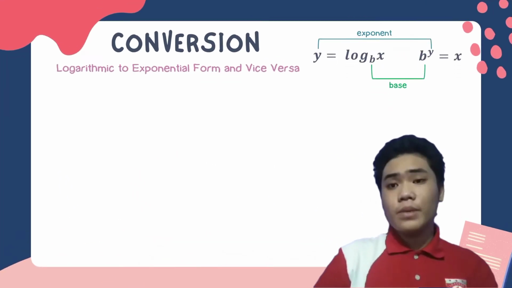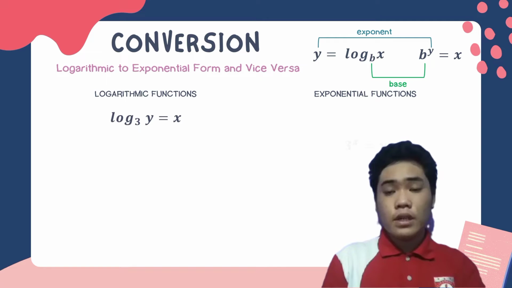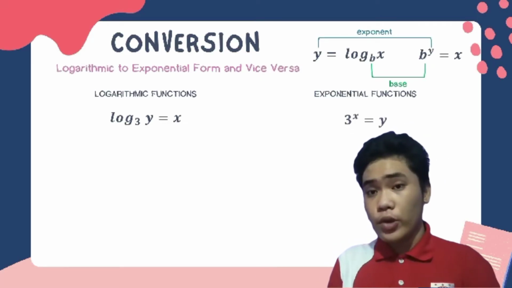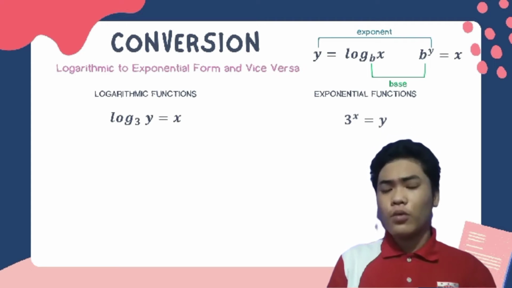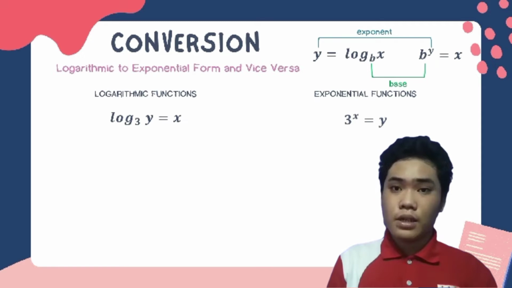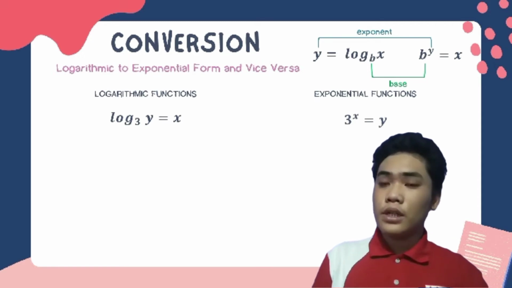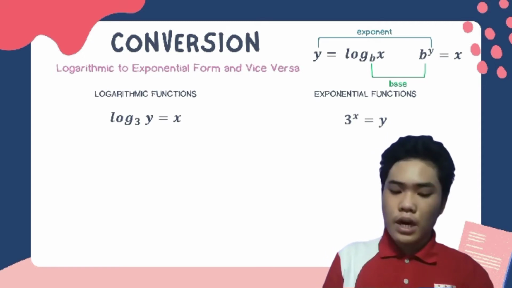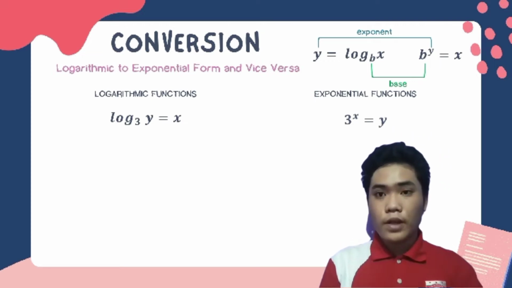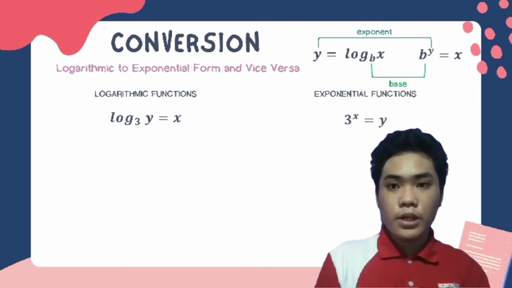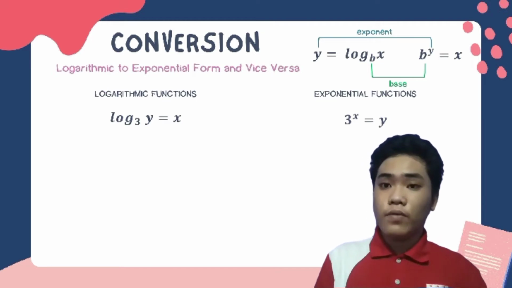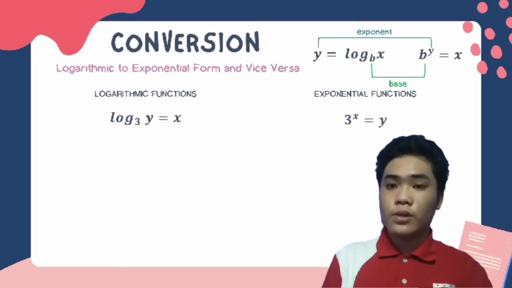First, we got log base 3 of y equals x, and its exponential form is 3 raised to x equals y. So like what we talked about earlier, all you need to do is basically jumble it. So you put 3 as our base and x as our exponent, which is the equivalent value from the logarithmic expression earlier, and the expression y will be the equivalent value: 3 raised to x equals y.